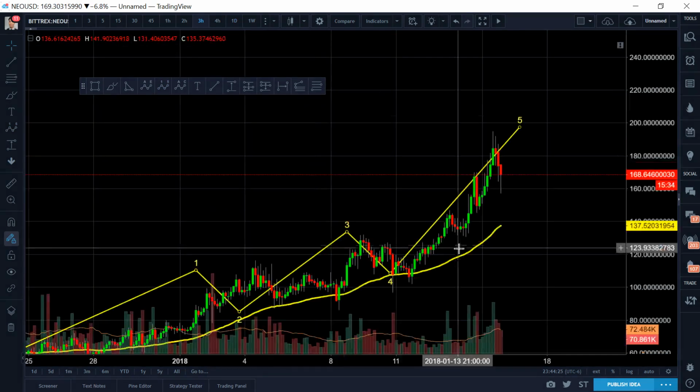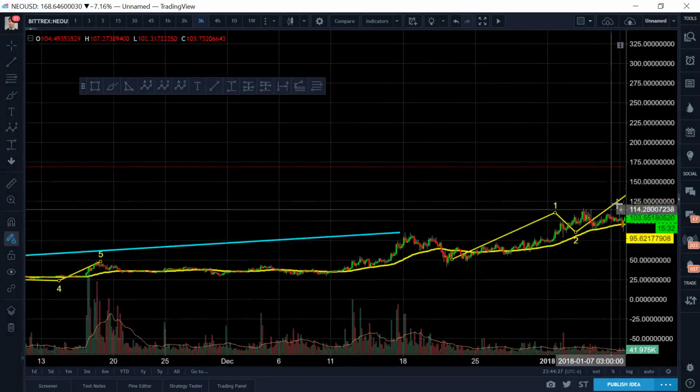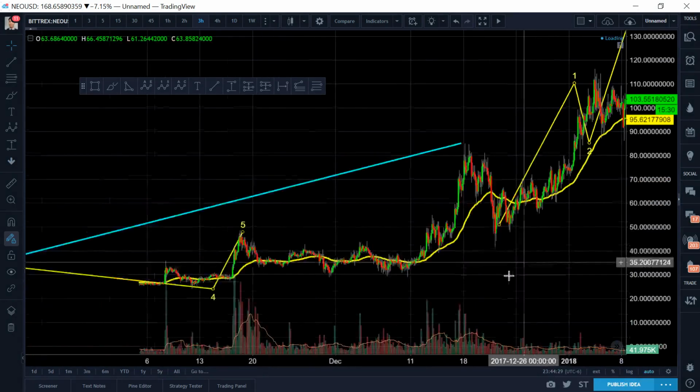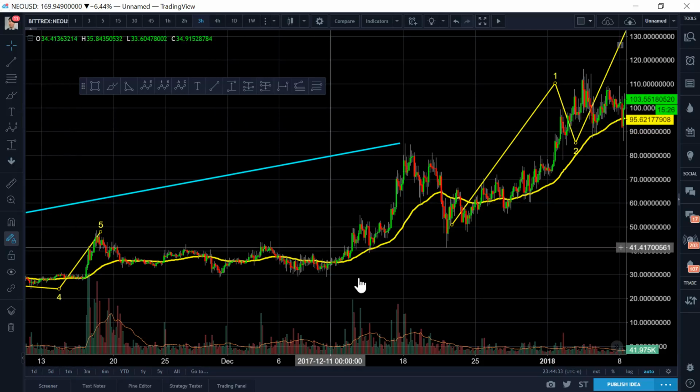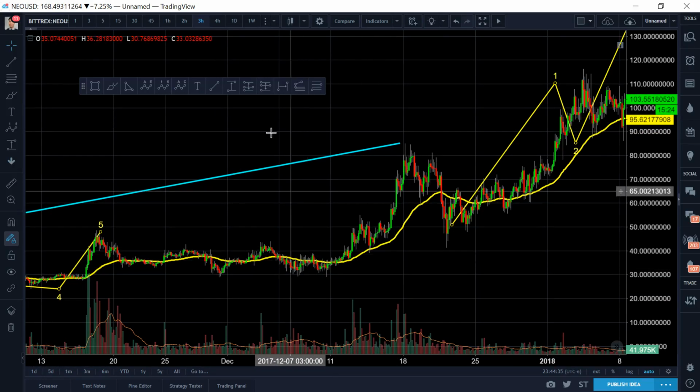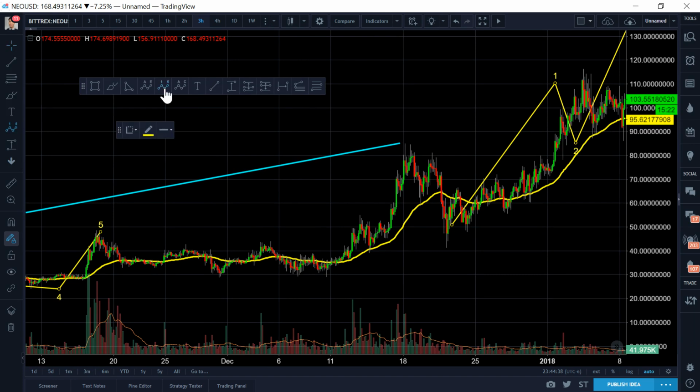And this one was such a strong impulse wave up that we don't really see a lot of it broken down. But if I zoomed in closer, we see it right here, a super strong impulse 3rd wave up like that.